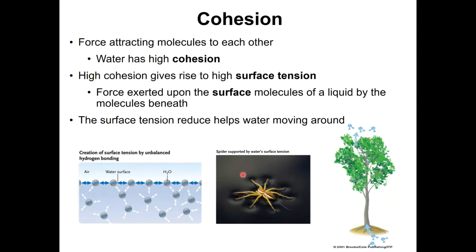You can see, for example, that it prevents this spider from going through the water. You would expect this spider, which has a higher density than water, to go beneath. But the force that each of these legs exerts on the water is not strong enough to break all of this strong connection of these water molecules.